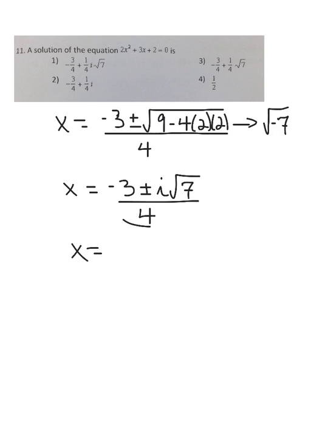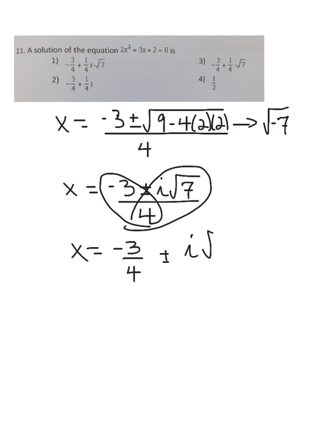So I'm going to simplify it this way, which, well, there really isn't anything to do there, so I'm just going to leave that negative 3 over 4, plus or minus, and we're going to have the same issue here. There's no simplifying there either, so that's going to be i radical 7, and that quantity over 4. Okay, and if you look at that, that is choice 1. I know it looks a little bit different, but this 1/4 is coming from the 1 that's here and the 4 that's here.